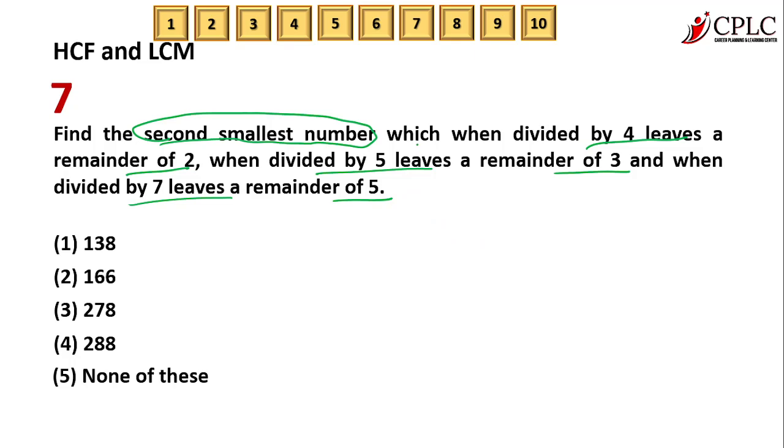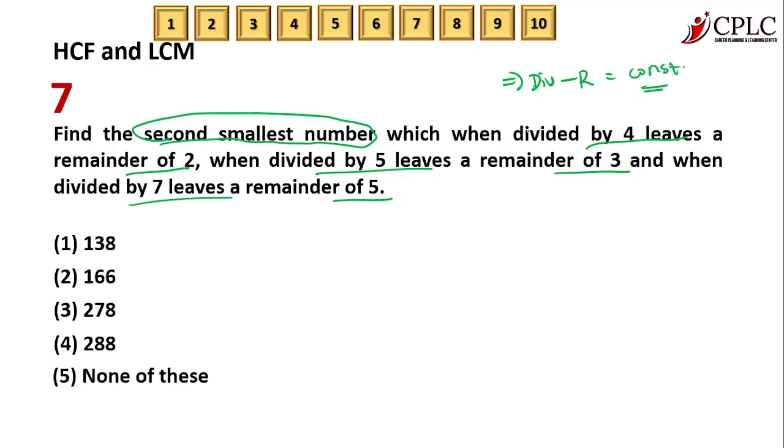Now, how do we identify this type? This type is basically a type where the difference between the divisor and the remainder is constant, is the same every time.